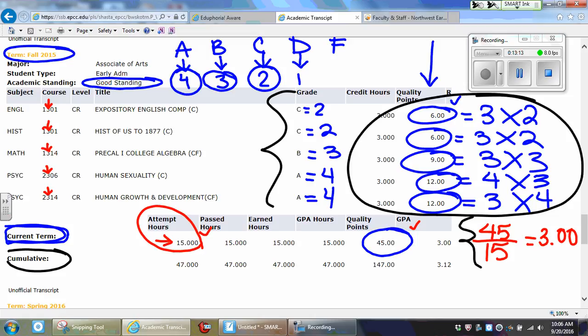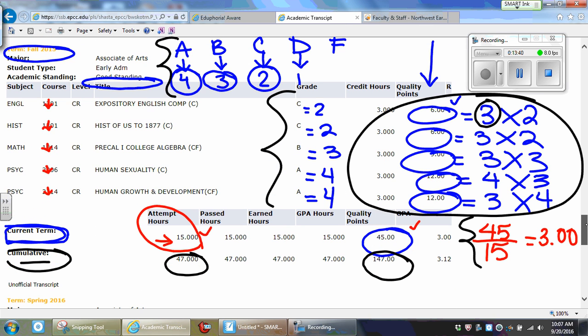So the total of quality points, you know how to get quality points, they come from here, and they get multiplied by the number of credit hours. And the attempted hours, for the cumulative GPA, will be every single class that the student attempted to take, including the ones that were failing courses.